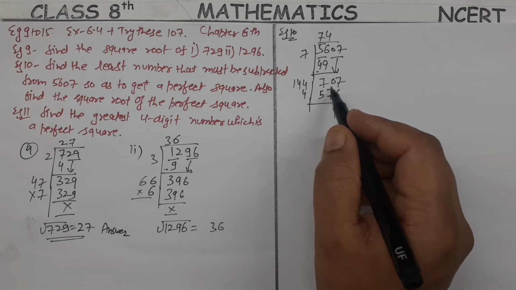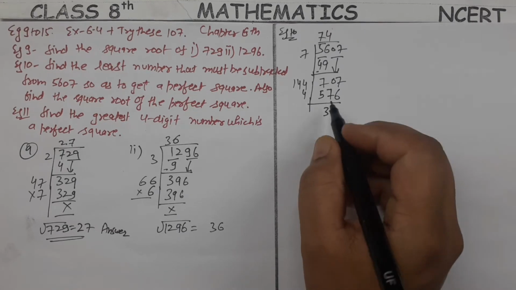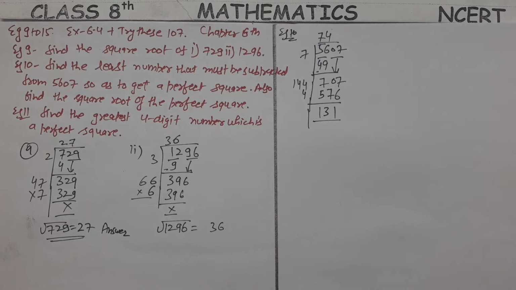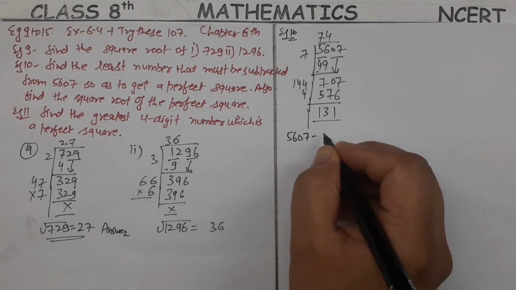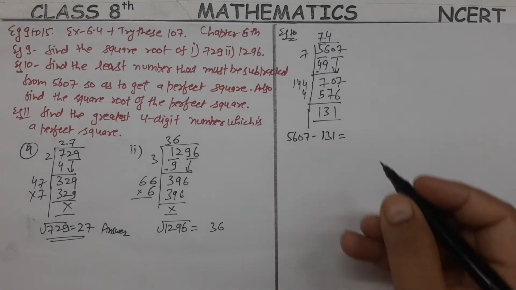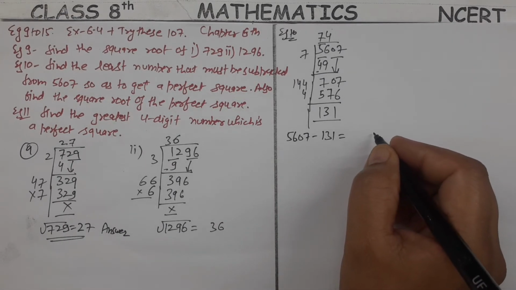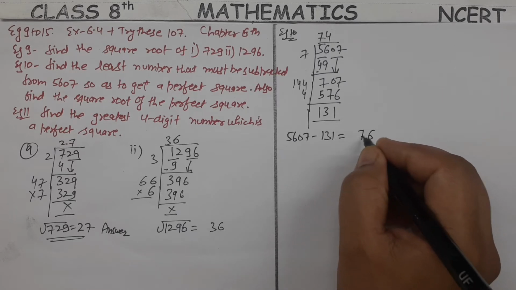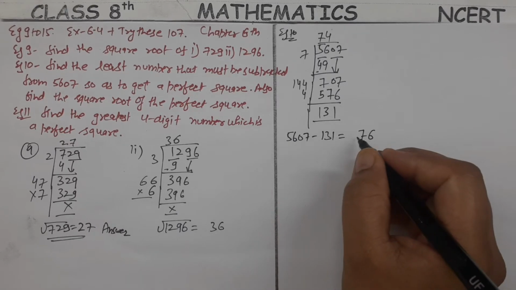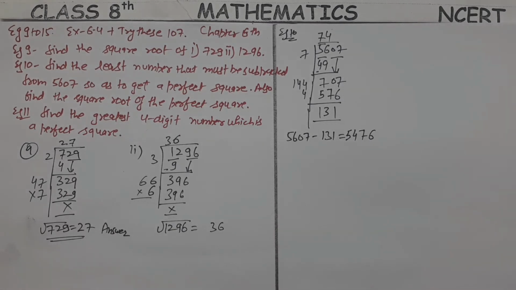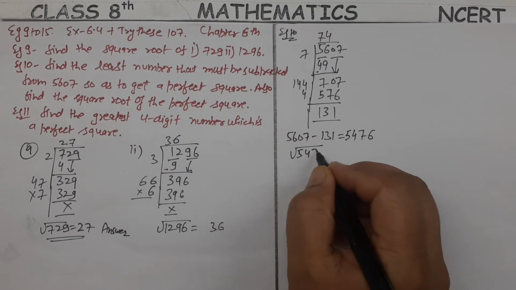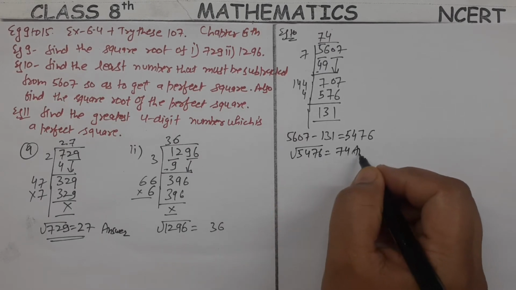Subtract. 131. 131 should be subtracted from 5607 to make it a perfect square. We have 5476, which is the perfect square of 74.